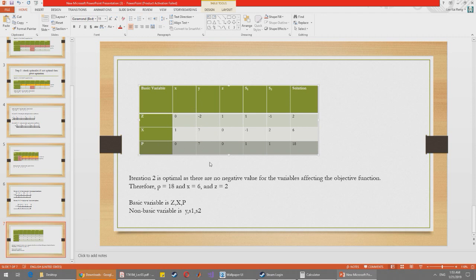So we know the optimal p is equal to 18, x is equal to 6, and z is equal to 2. The basic variables for this table are z, x, and p, and the non-basic variables are y, s1, and s2.